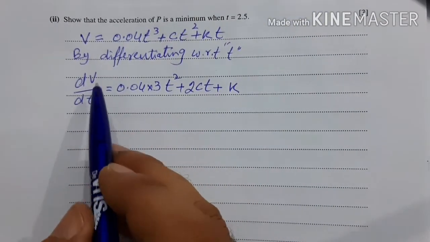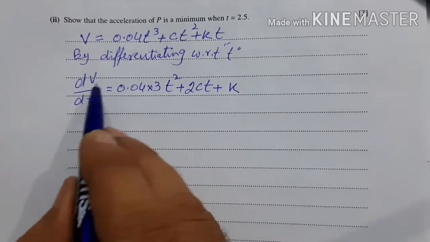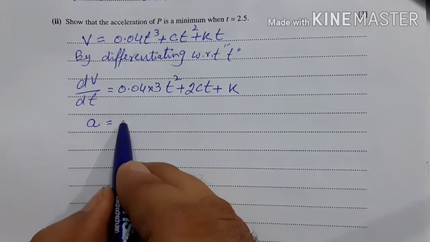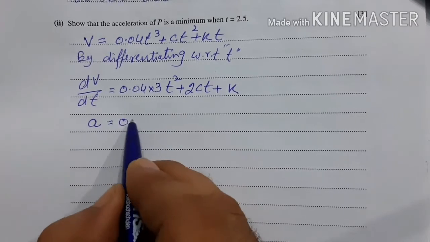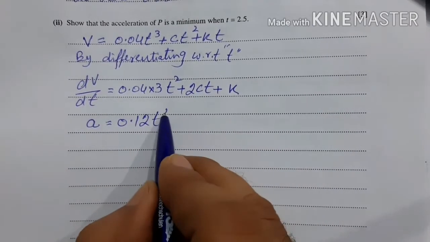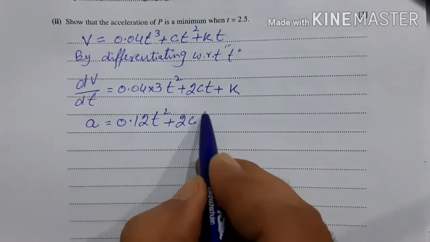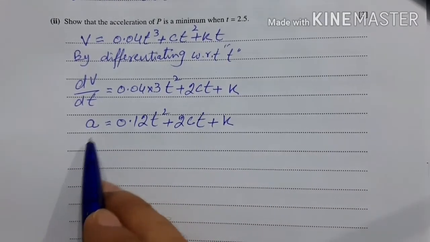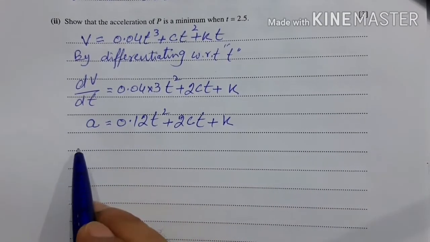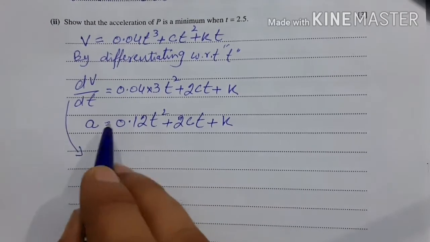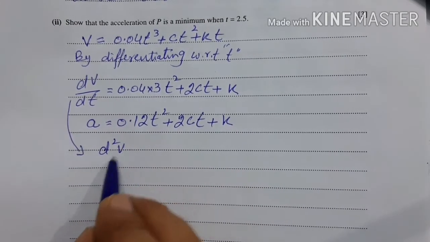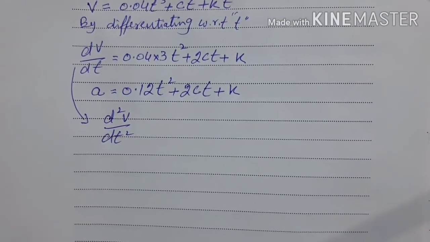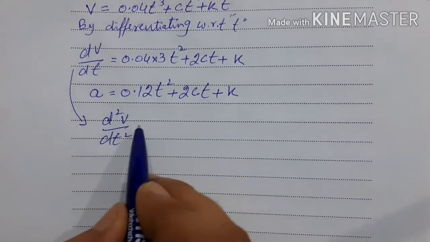So this will become 0.12t squared plus 2ct plus k. So for the minimum function I need the double derivative. So from here, d2v by dt squared, because for checking the minimum or maximum we need the second derivative.